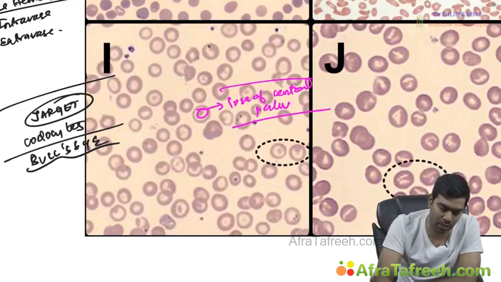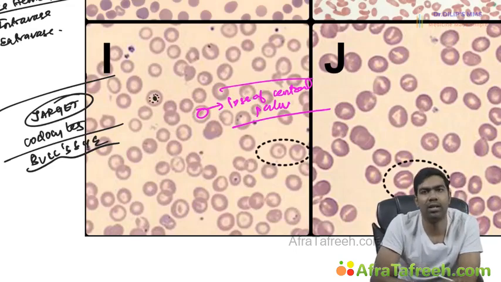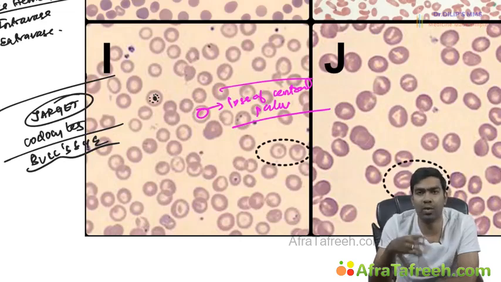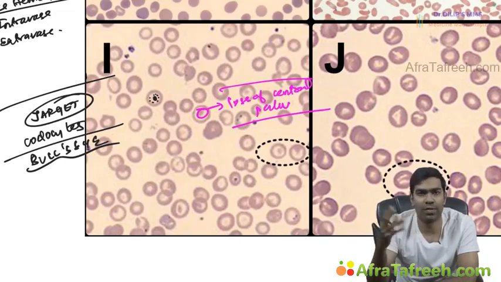You will have a central hyperchromic area, and apart from that, a disc of pale area surrounding the central hyperchromia. This is not seen in spherocyte or macrocyte.